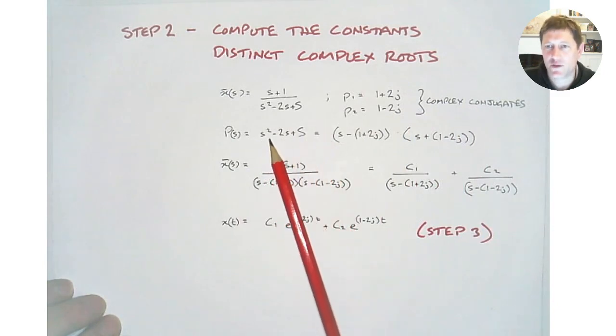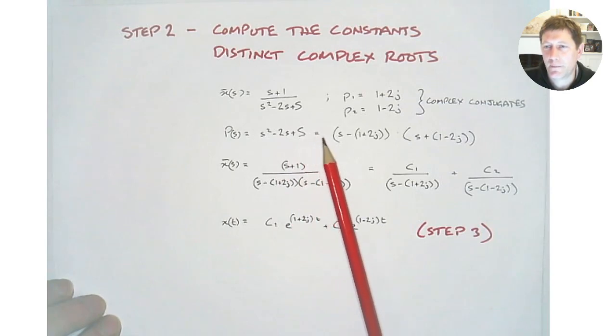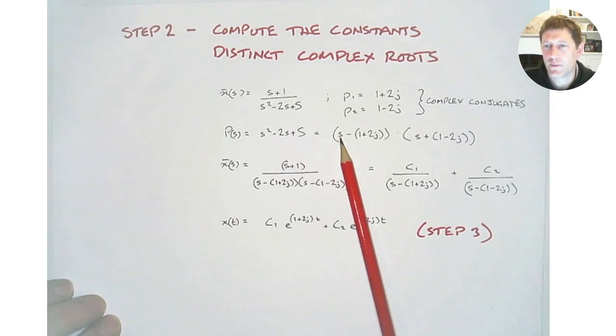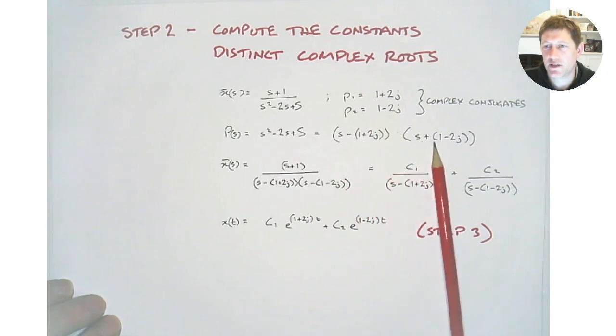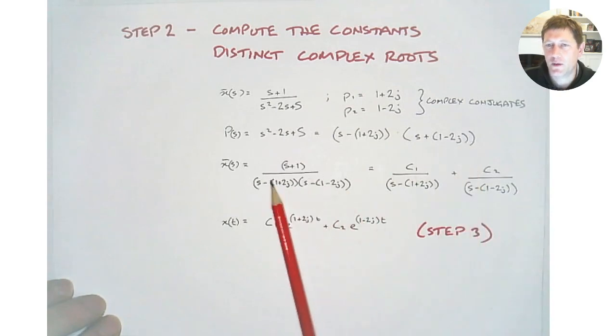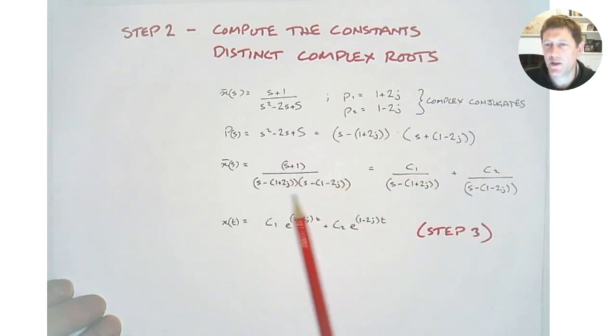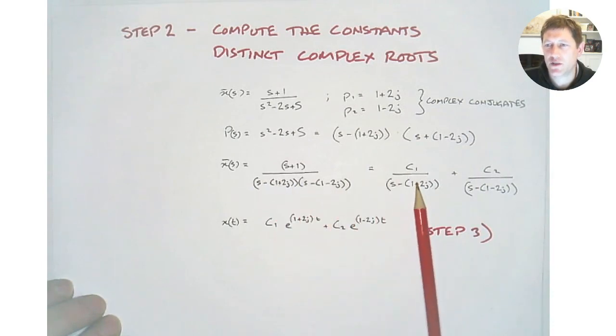We can see that our function s squared minus 2s plus 5 comes out of this, and we can use the roots here to expand that. S minus 1 plus 2j multiplied by s minus 1 minus 2j. Put that in as the denominator of our fraction, and then we can do the expansion into the two terms with coefficients c1 and c2.